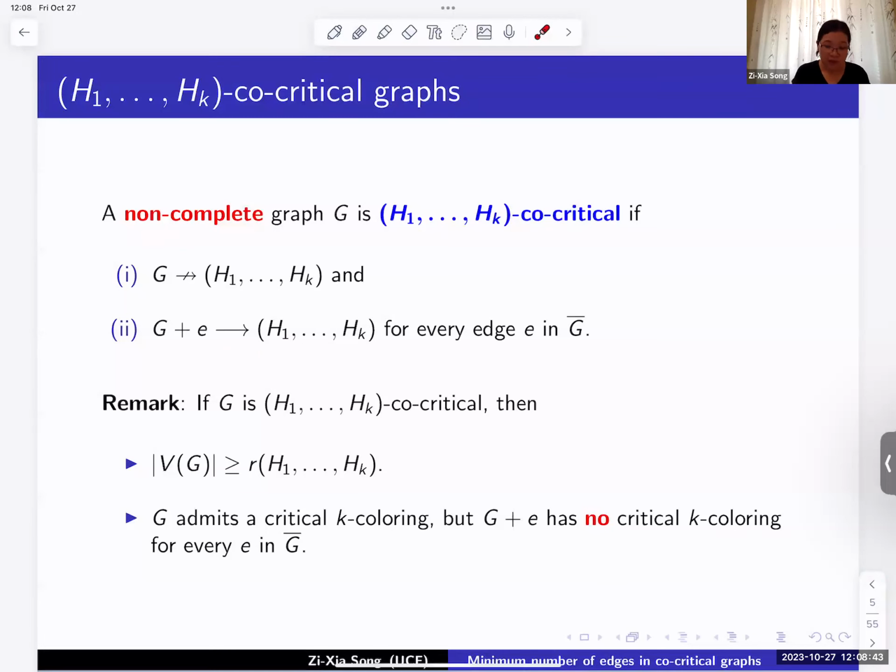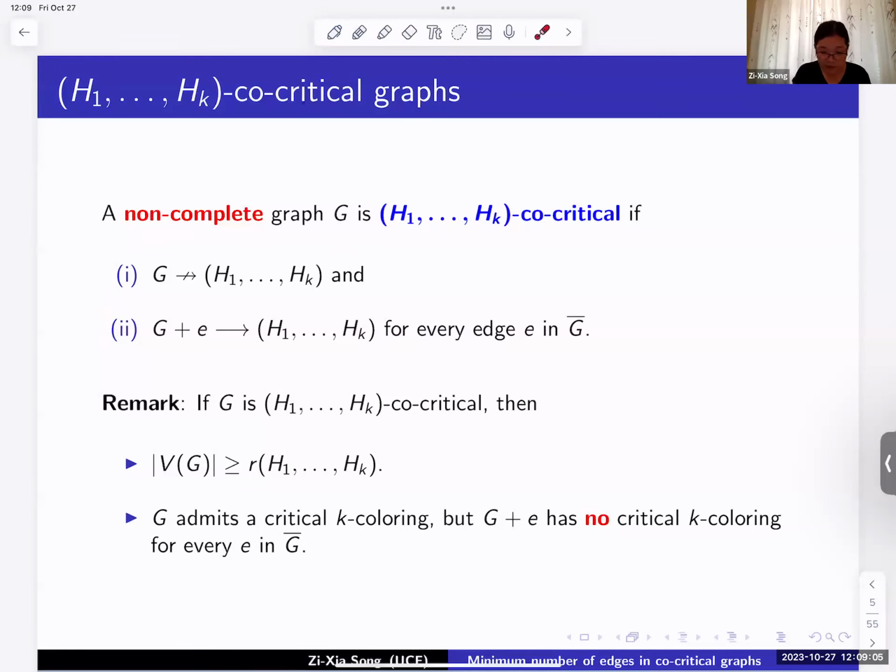Many of you may have read it in this way: a graph G here does arrow this one. If you delete any edge from G, then this arrow notation no longer holds. That's called Ramsey minimal. This is the opposite of that definition here.